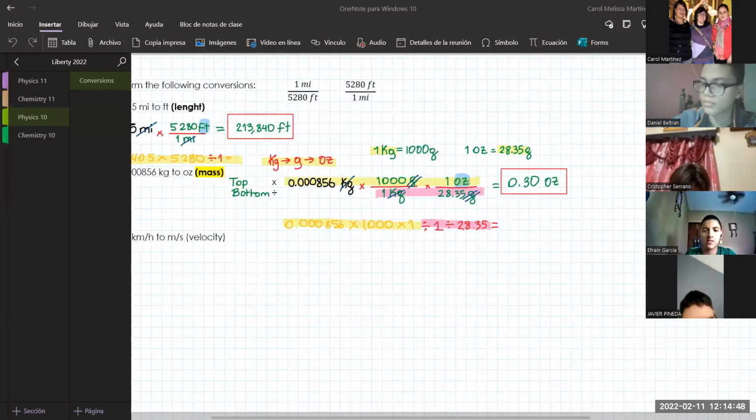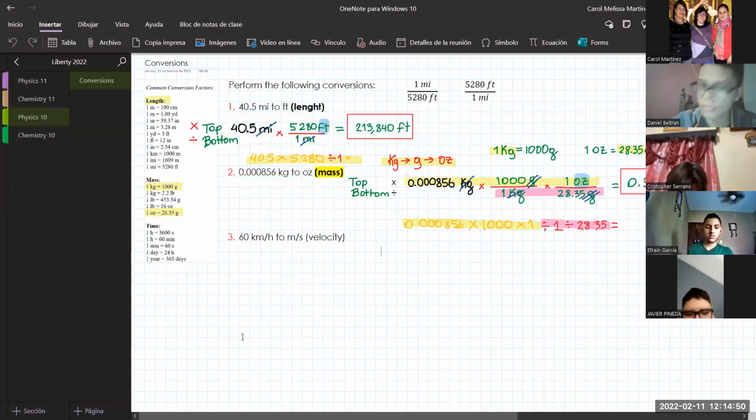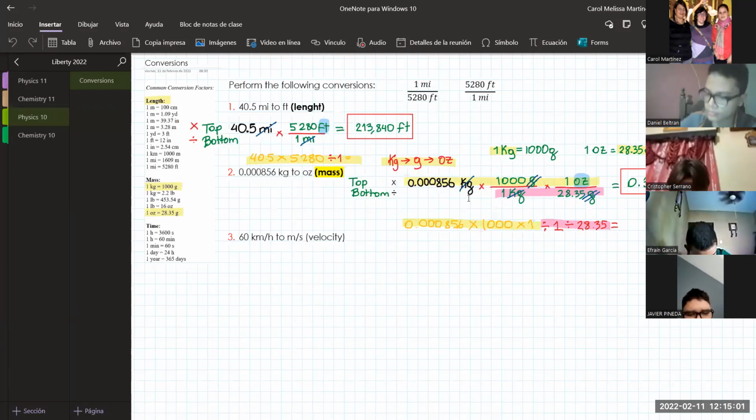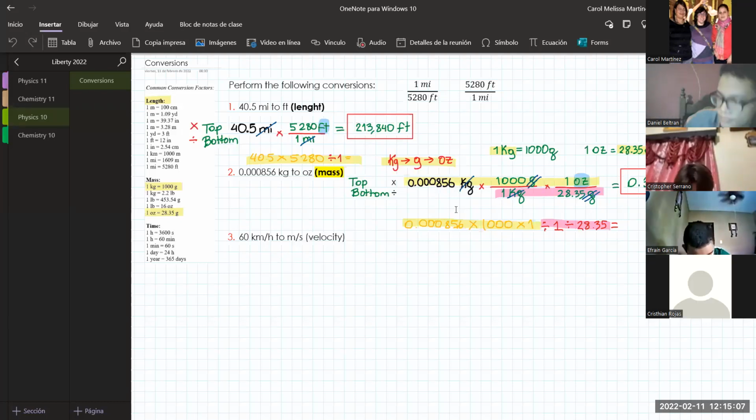So as you can see, there are some conversions that you can do in one single step, but some others require 2 steps or even more than that. So the topic becomes more complex when you need to do a lot more process. But in the end, the idea of working with the conversion factors is the same.